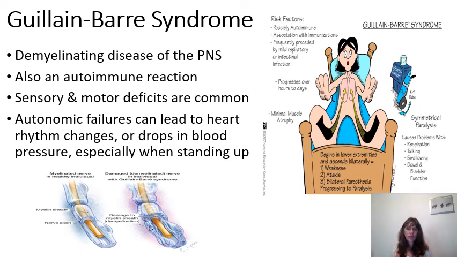And when it gets to the point where they have that symmetrical paralysis, then they can experience problems with breathing, talking, swallowing, bowel and bladder function. So that is Guillain-Barre syndrome. And this is the last slide for this presentation.